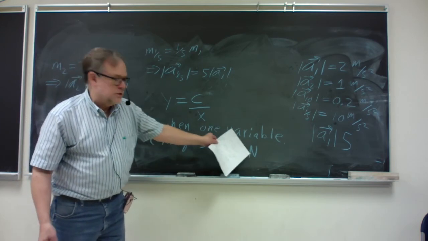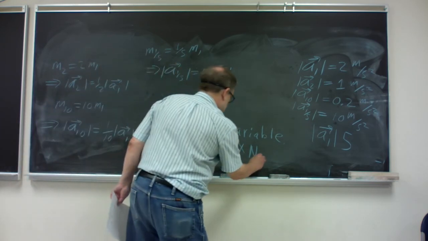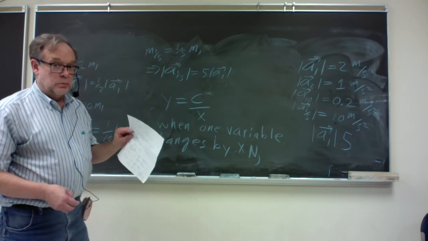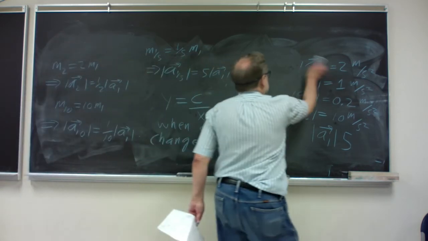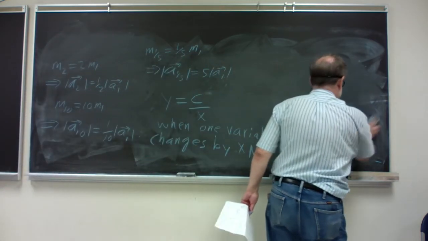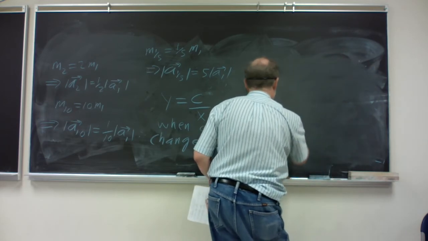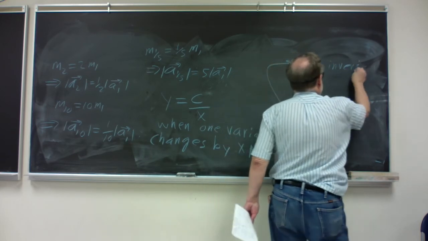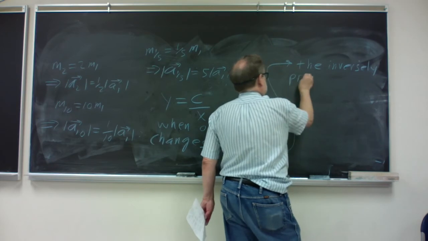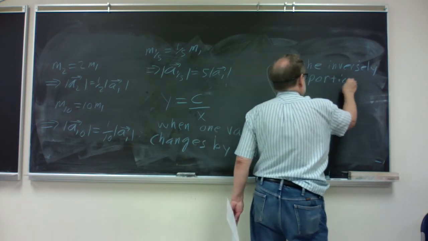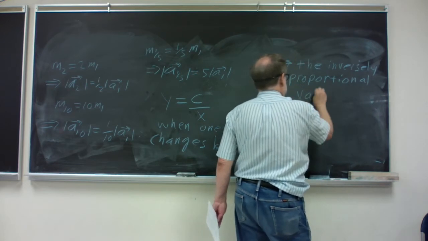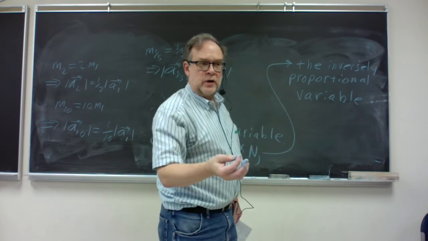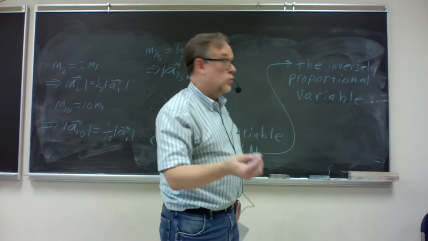So I write it as times n. So when one variable changes by a factor of n, then the variable that is inversely proportional, the inversely proportional variable also changes by some factor, a factor of 1 over n.